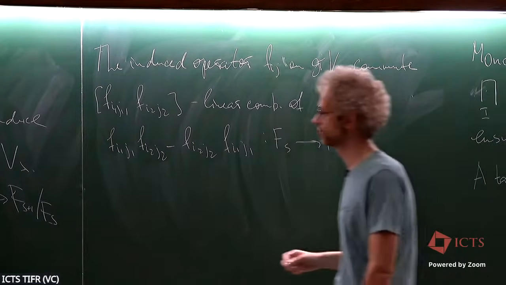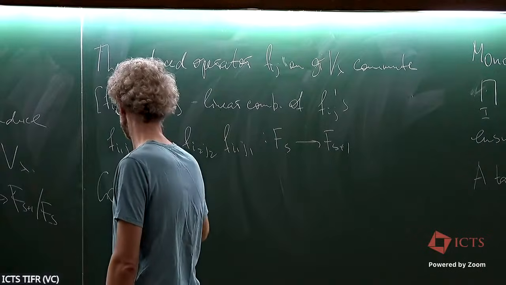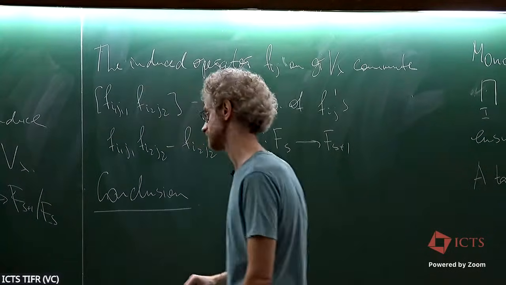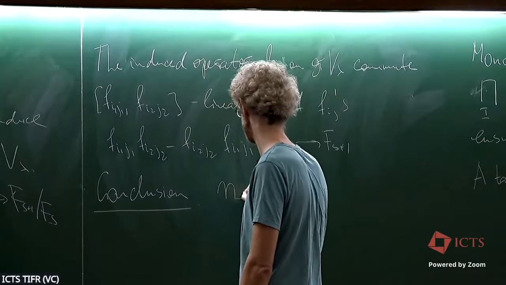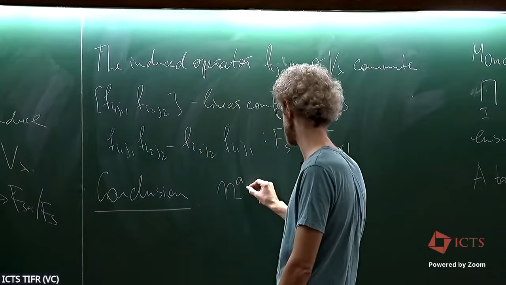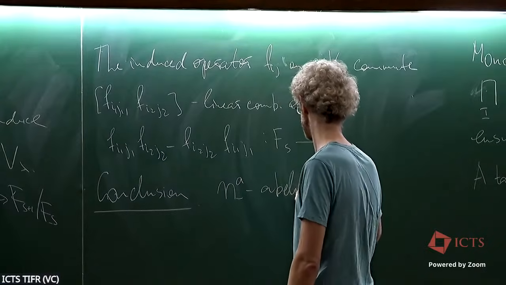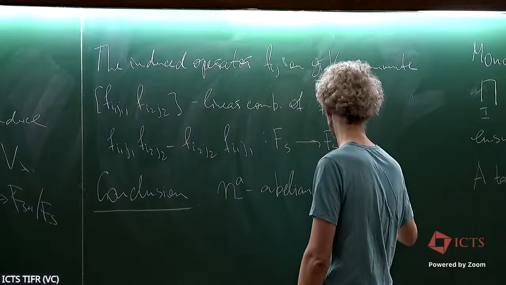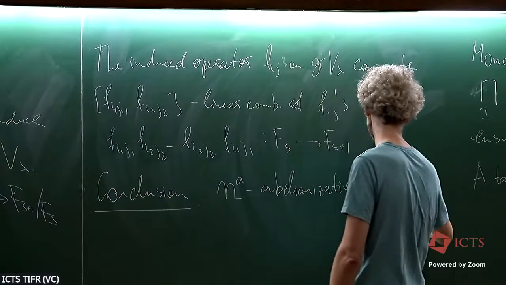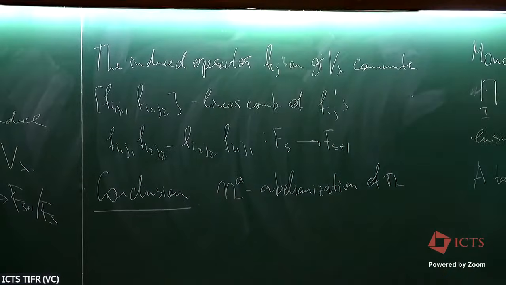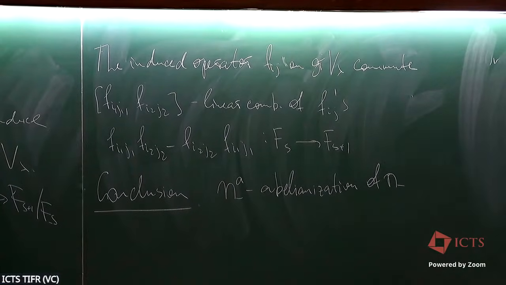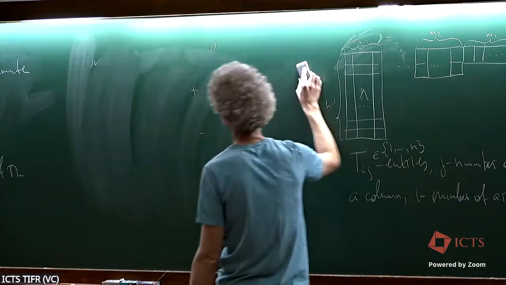Okay, so the conclusion is that we have an algebra, which let me denote by n minus a. This is the abelianization of n minus, meaning that this is the same vector space with the same basis Fij, but there is no bracket; the bracket is 0.